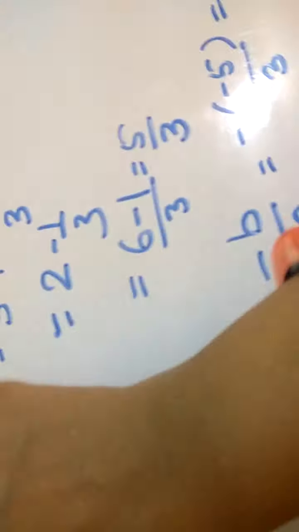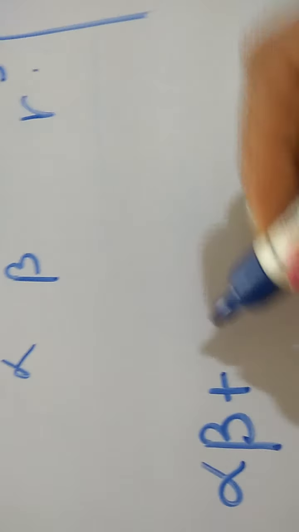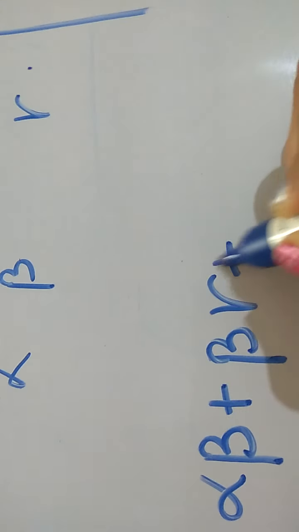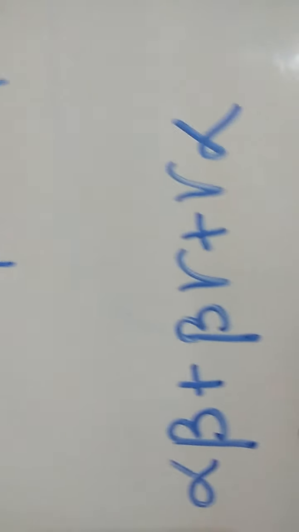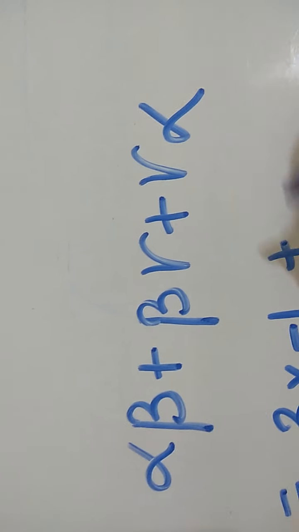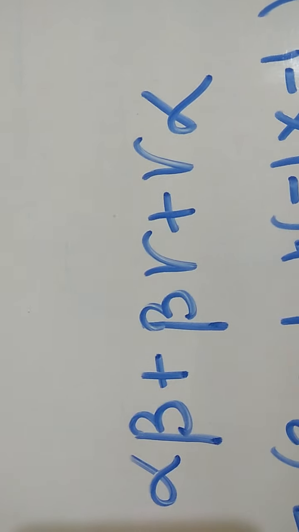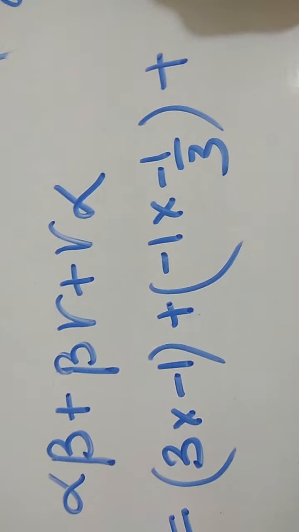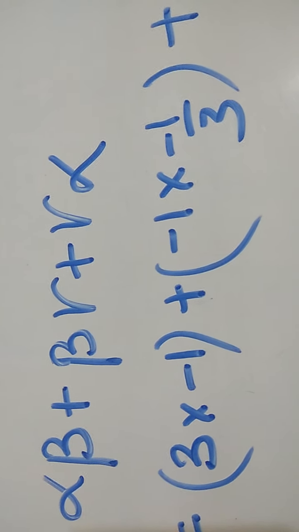Now we will establish it for the sum of the products of two roots taken at a time, that is alpha beta plus beta gamma plus gamma alpha. This is equal to 3 into minus 1 plus minus 1 into minus 1 upon 3 plus minus 1 upon 3 into 3.